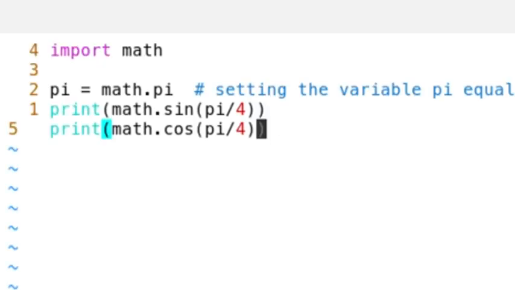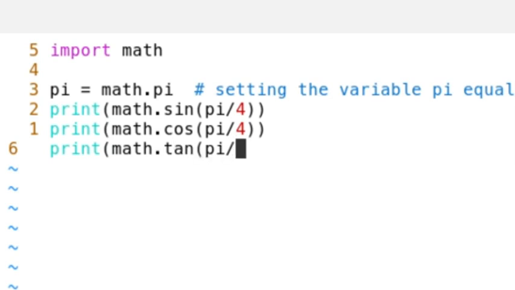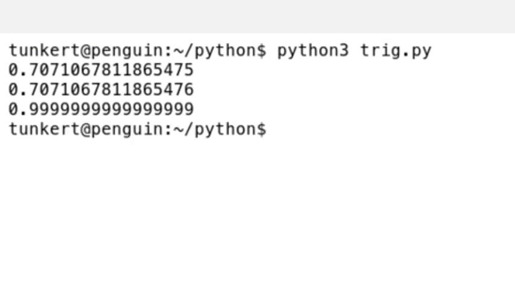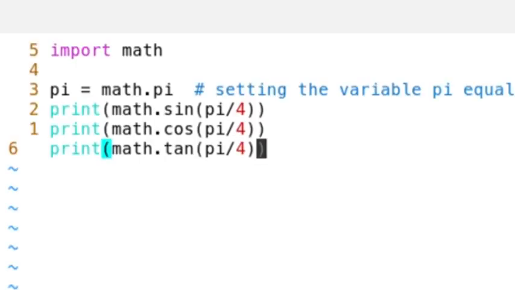We can also do the tangent value, so I can do math.tan of pi fourths. In this case, the tangent value of 45 degrees or pi fourths radians is equal to 1, but Python is going to approximate it, so it's not going to print out exactly 1. And as you see, we print out 0.9 repeating, but that's because of the Python approximation.